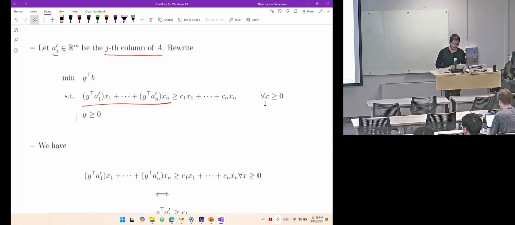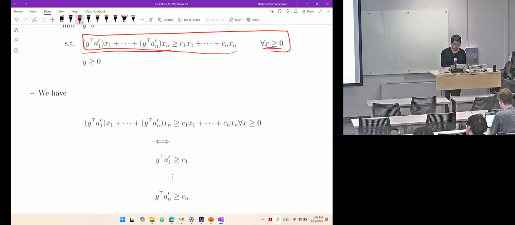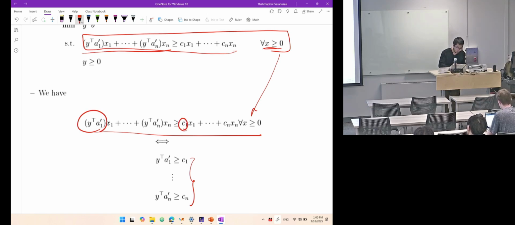And now for this to be true for all points x that are non-negative, it's just the same as saying that for every coordinate of x, you need that this thing is at least this thing. So you need all of these simultaneously.